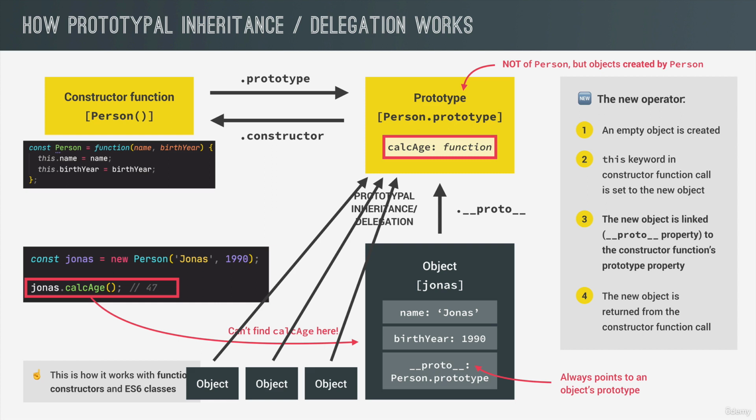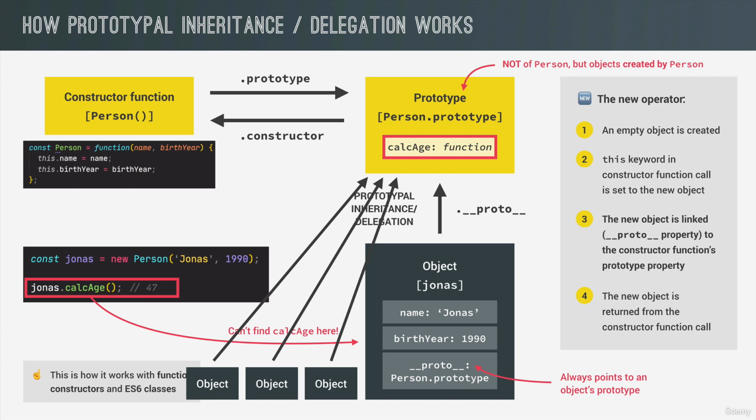So we can call this calcAge method on all the Person objects without the method being directly attached to all the objects themselves. And this is essential for code performance. Just imagine that we had 1,000 objects in the code, and if all of them would have to carry the calcAge function around, then that would certainly impact performance. So instead, they can all simply use the calcAge function from their common prototype. Okay? So that makes sense, right?